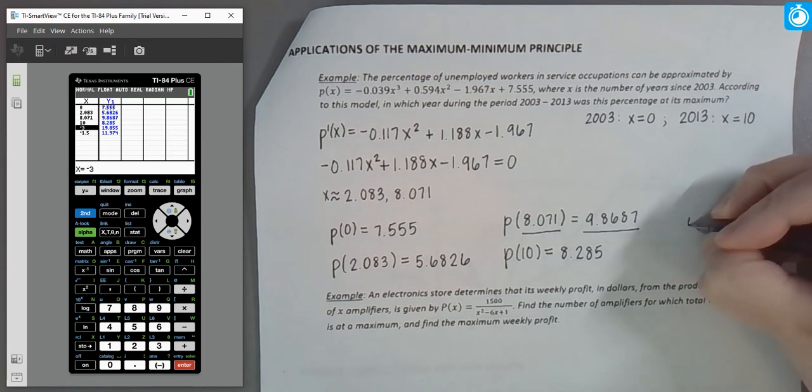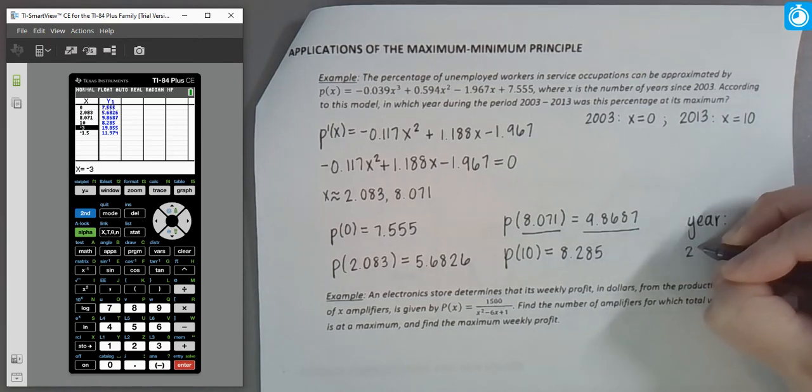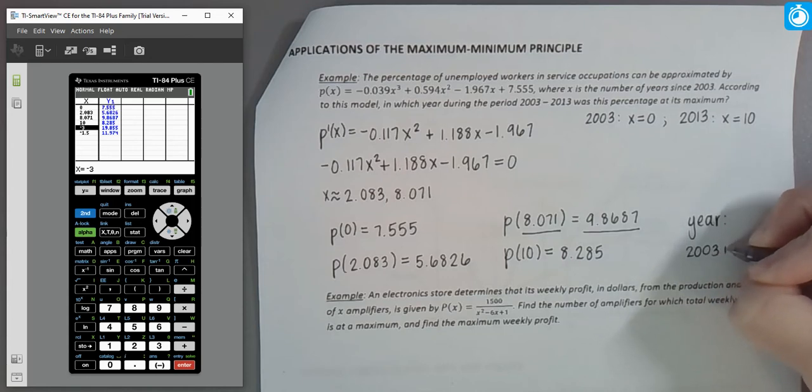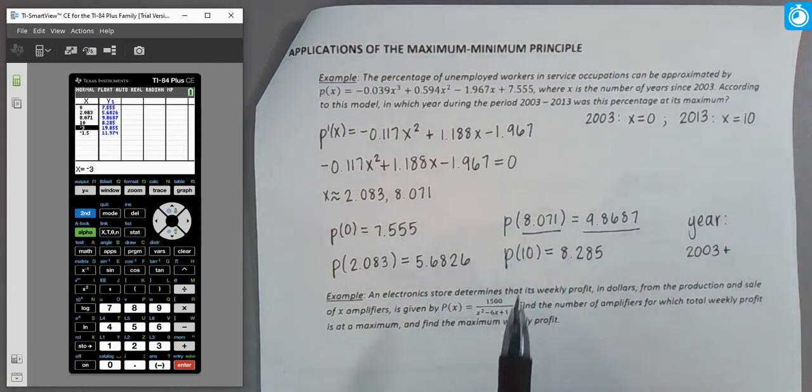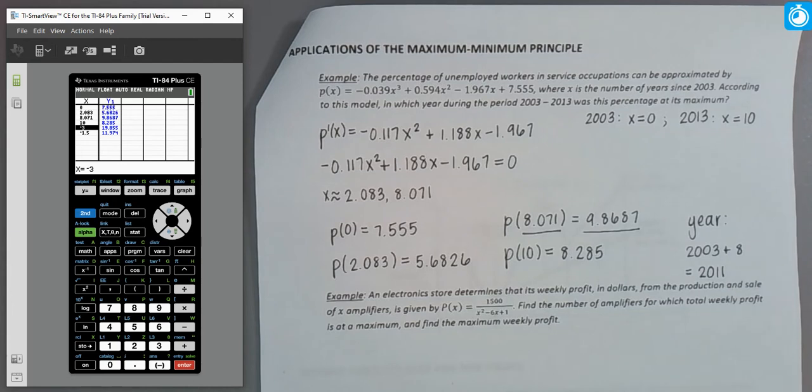So the actual year in question is going to be 2003 plus this approximate 8 number of years. And so that is going to be the year 2011. So based on our function, the year where unemployment reached its maximum percentage is going to be the year 2011.